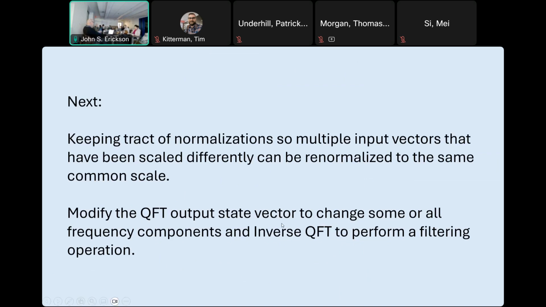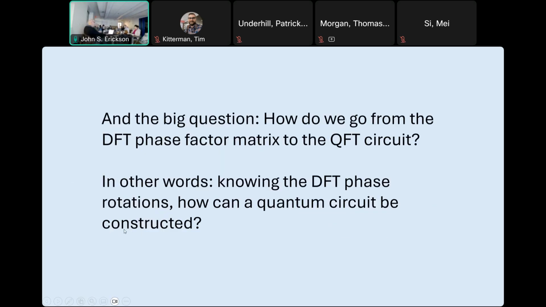And the inverse filtering, I've already gone through this. So these are the next things, and then the big question. I've already mentioned this, but how do we actually build the circuit in the first place? We were handed this IBM-built Fourier Transform circuit.